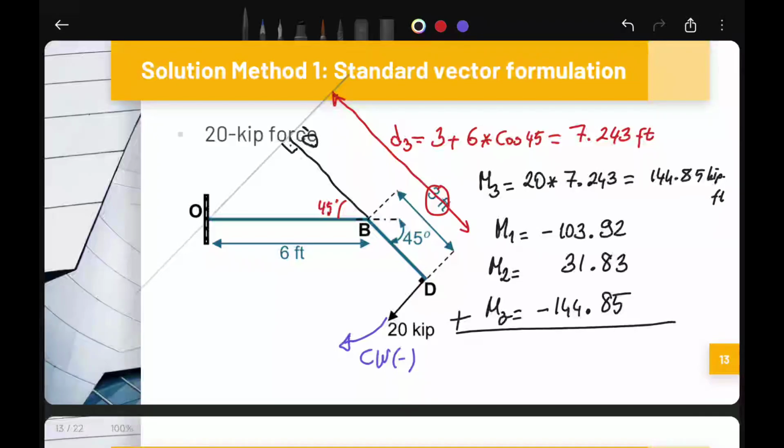After taking the summation, we obtain the resultant moment is minus 216.94 kip-feet. Here minus means that our resultant moment tends to rotate in the clockwise direction.